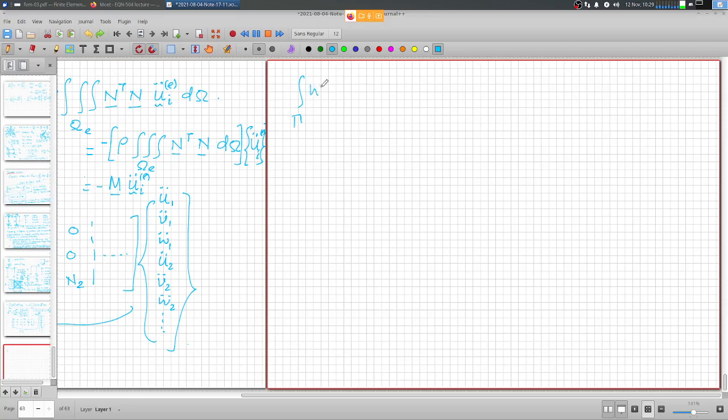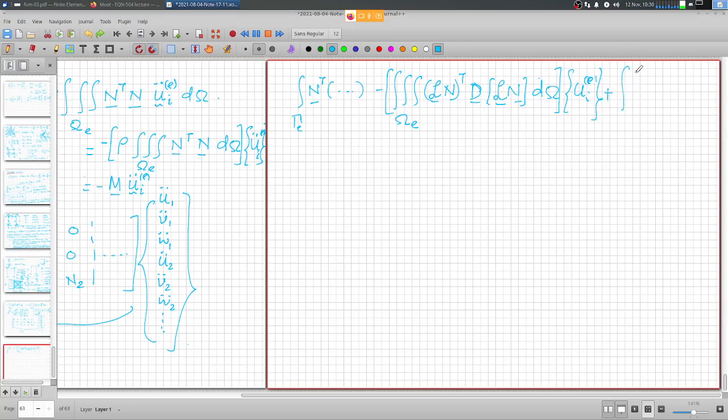So I would just say N transpose, there would be some secondary variable, minus the domain integral over omega e, and this is gamma e, and there is B, d omega, and this is the matrix multiplied by ui.